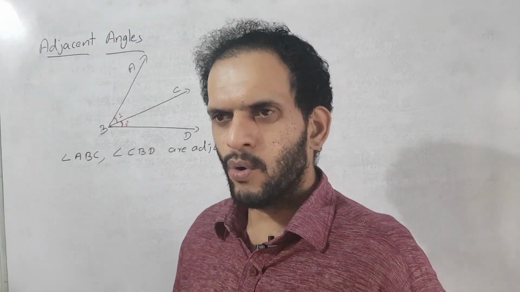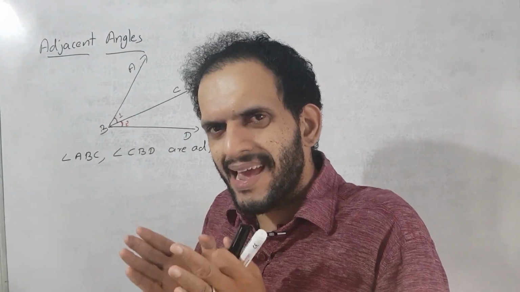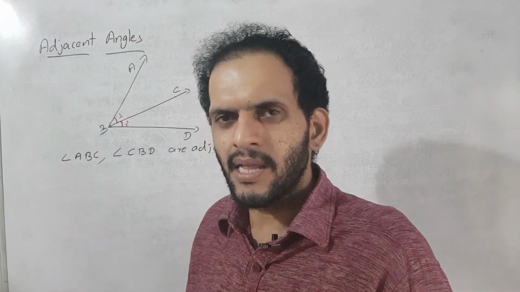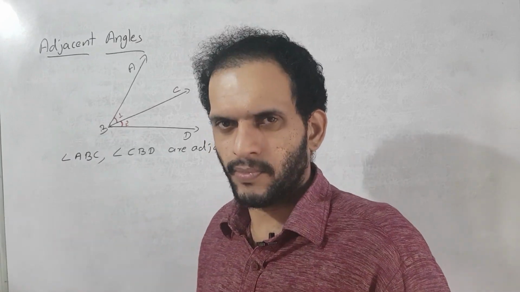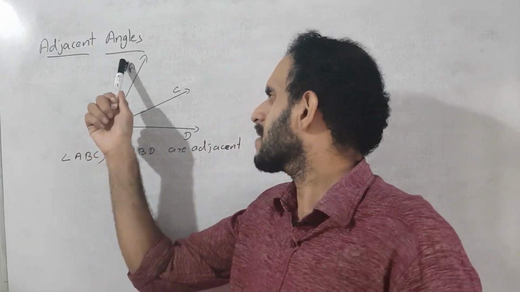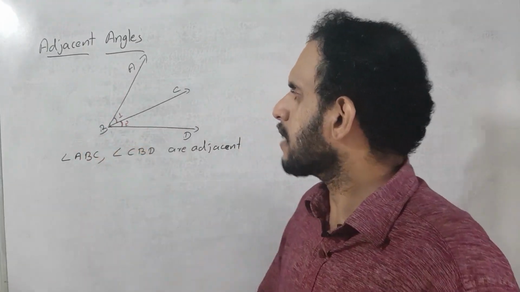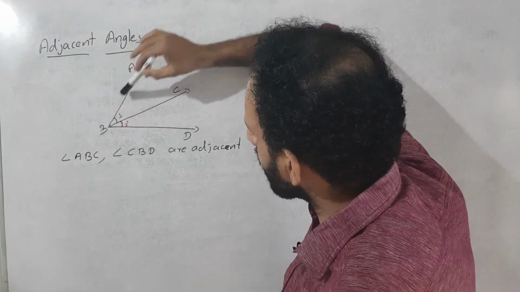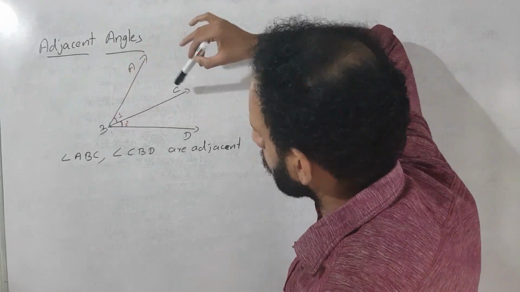Then we know that the ray or line segment making an angle is called an arm, correct? In the first case, ABC, what are the arms of angle 1? The arms of angle 1 are AB and BC.